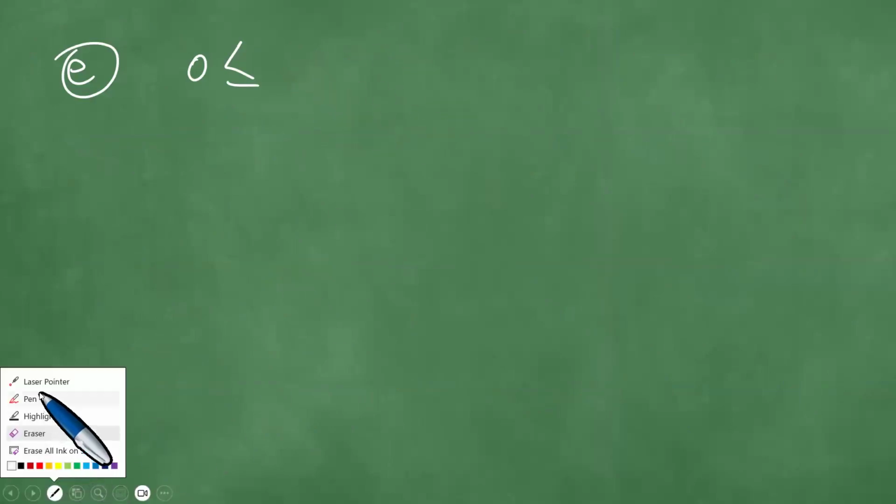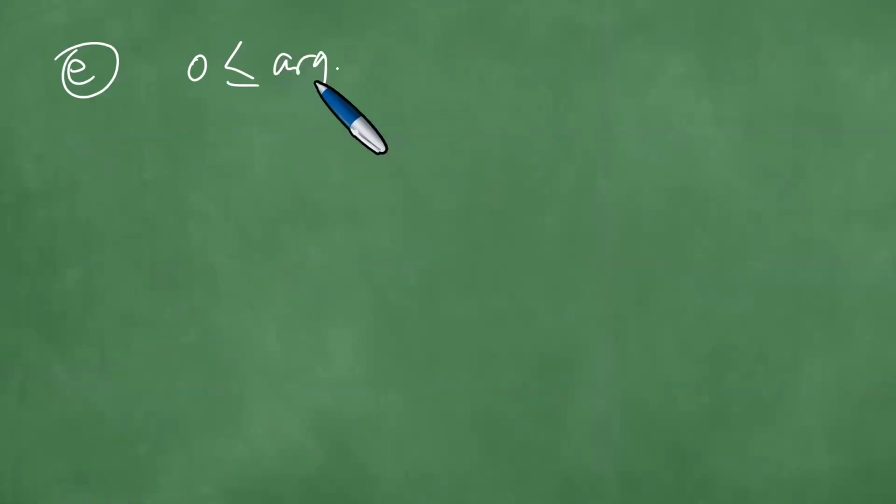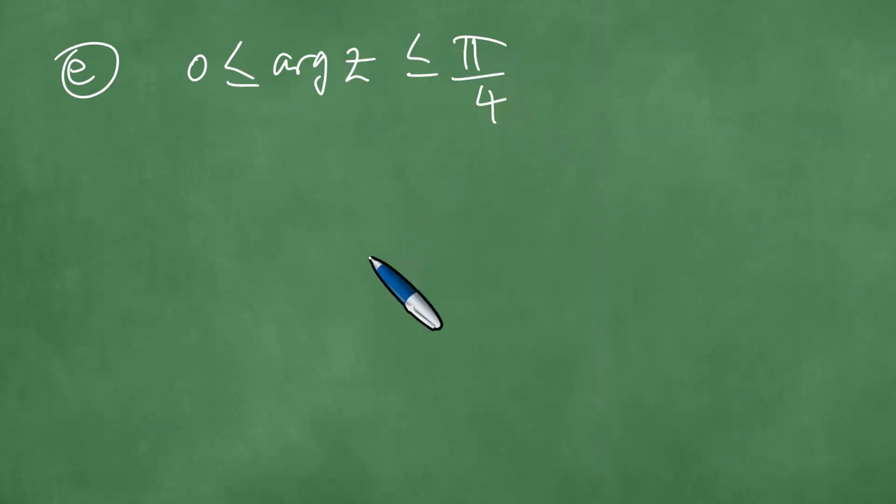So we're going to look at 0 less or equal to the argument of Z, less or equal to pi over 4. We must draw the graph of this. We must sketch the set. But we sketch this set when Z is not 0.